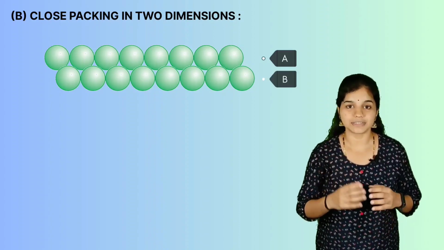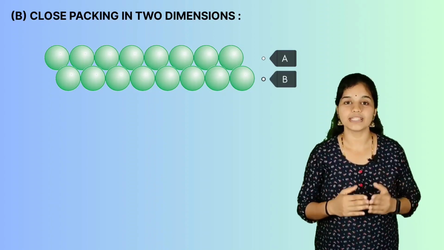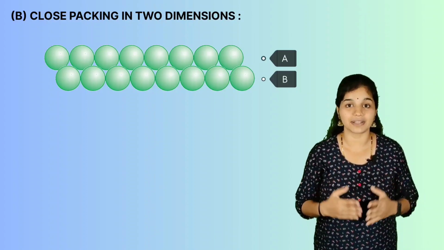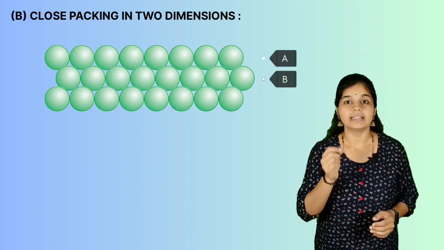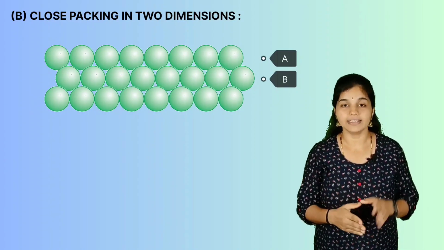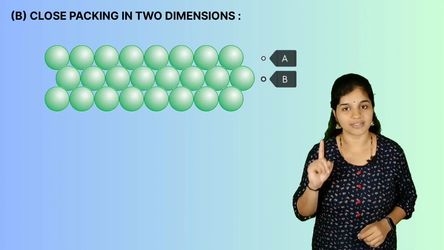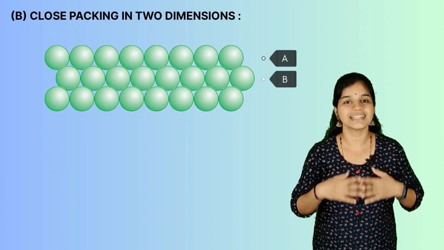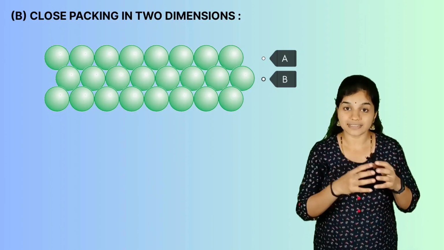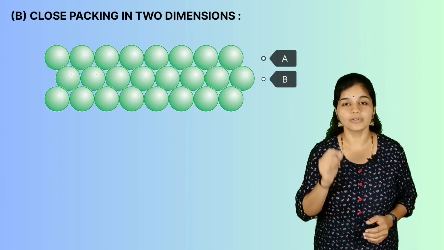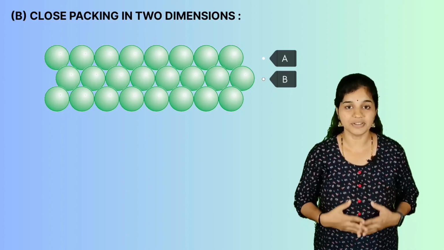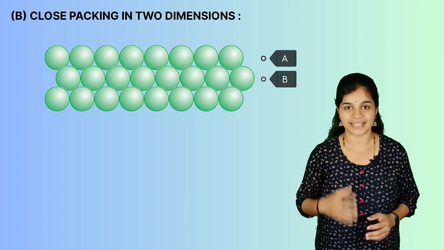When we place the third row adjacent to the second in the staggered manner again, the spheres are aligned horizontally and vertically with those of the first row. So, the third row is also the same as the first row, that is A type.